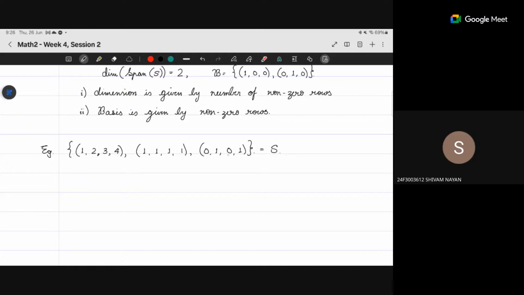What about this? So this is not linearly independent, because vector 1 is a combination of vector 2 and 3. Yes, but how did you immediately say that there is no linear combination?